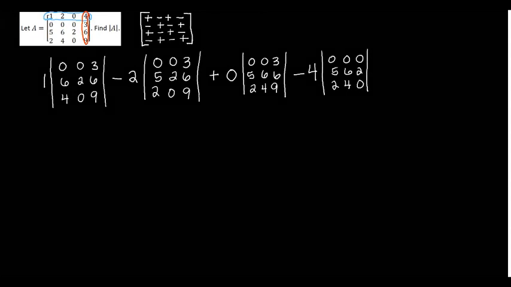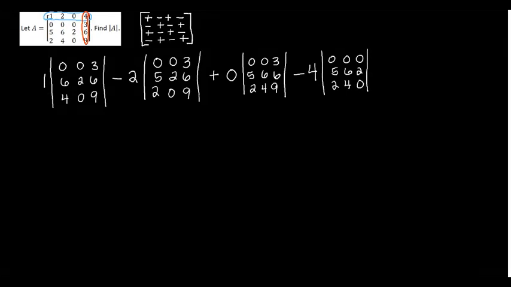Now we're going to repeat the process for each of these four terms. So let's look at the first term. We're going to have a leading coefficient of 1 in front of the entirety of this reduced matrix. So we'll take another row. In this case, I'll take 0, 0, 3. The first entry is going to be a positive 0.